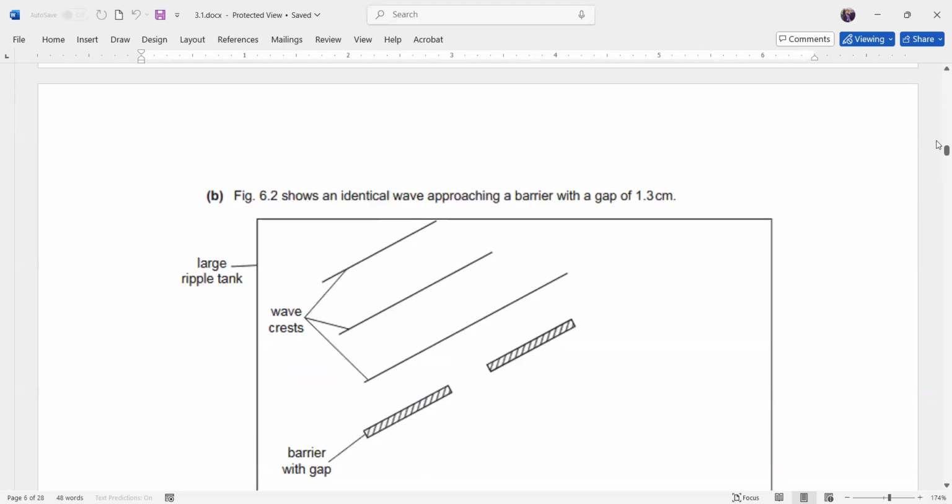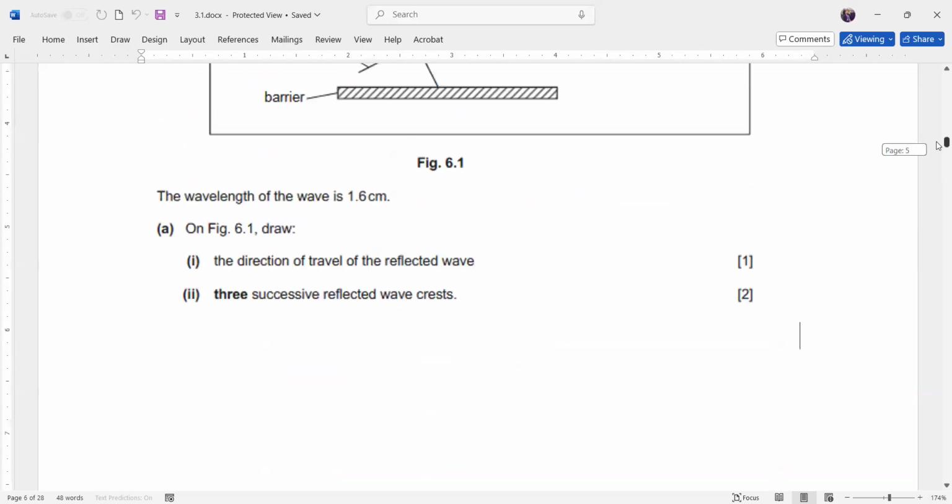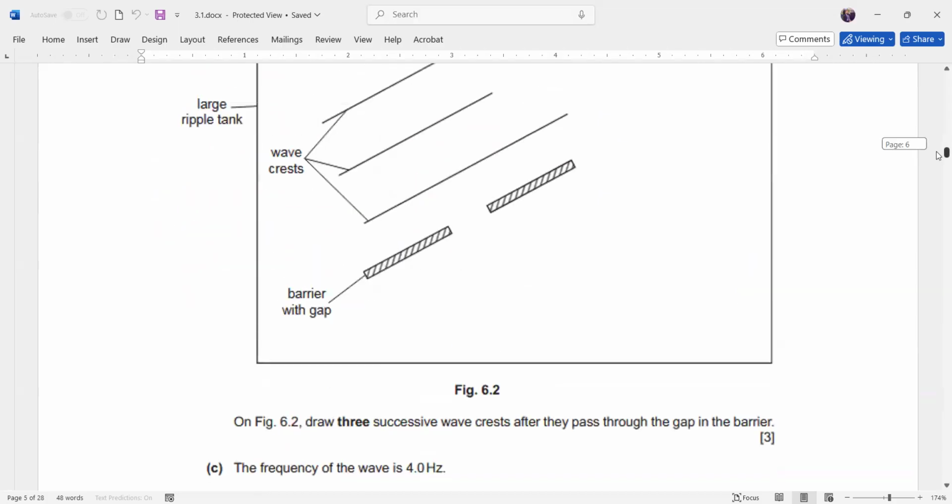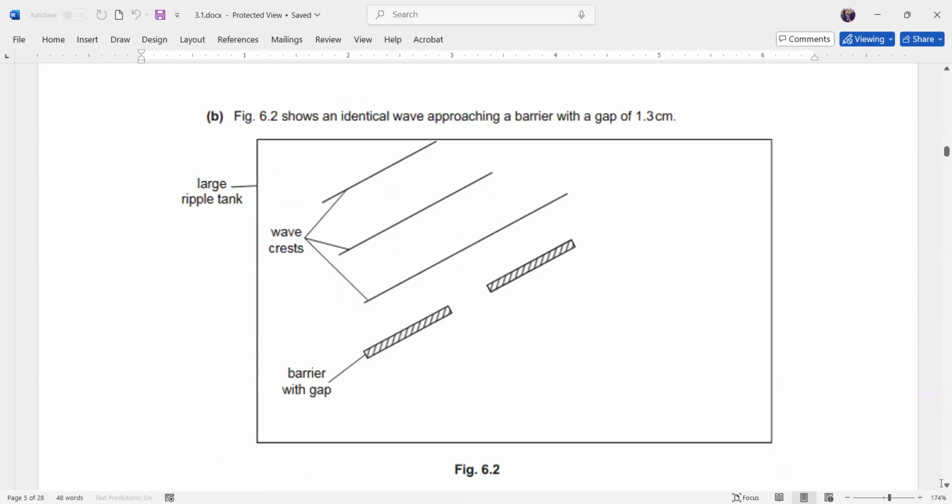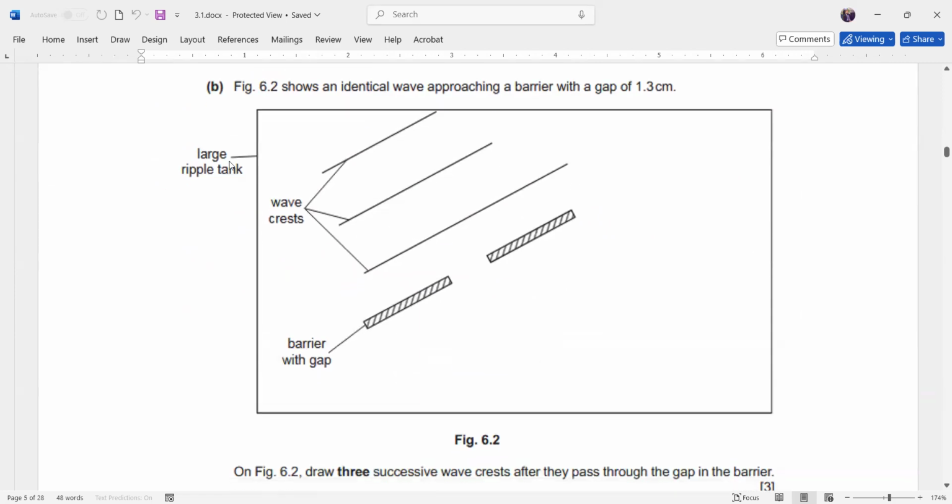The gap is 1.3. And what was the wavelength given? It's a continuation of the question. The wavelength was 1.6. And what is the gap size? 1.3. So the wavelength is 1.6 and the gap size is 1.3.